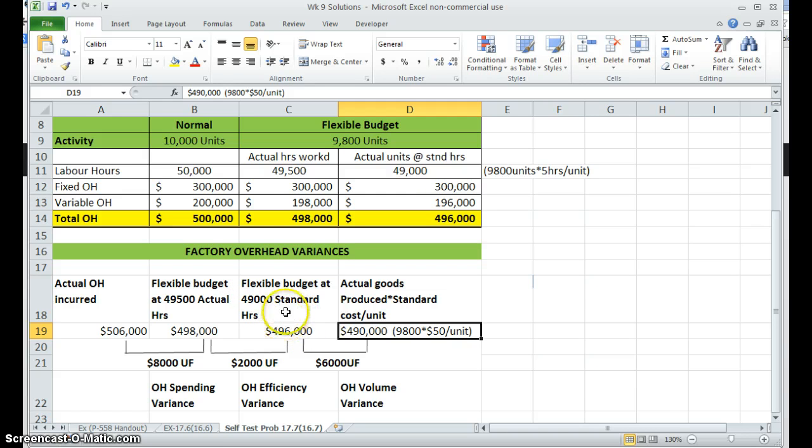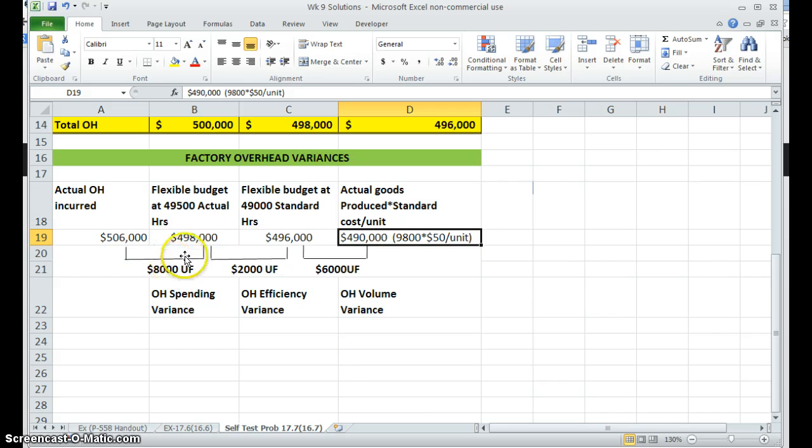Remember, when you calculate the flexible budget, the fixed overhead does not change. Only the variable overhead changes depending on the hours that you are using. This is the actual hours, 49,000. And when you do that, you get the flexible budget on actual hours, and the flexible budget on standard hours for the units. This is the actual overhead recovered on a standard unit cost basis. So that's how you do that, and you get the variances.